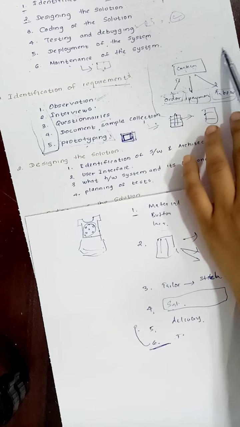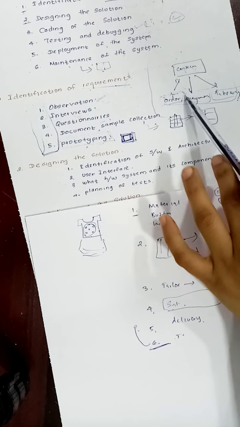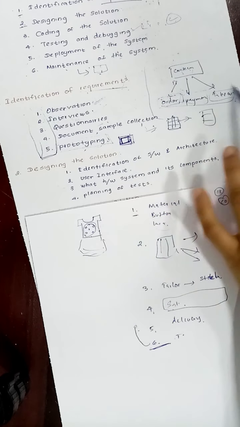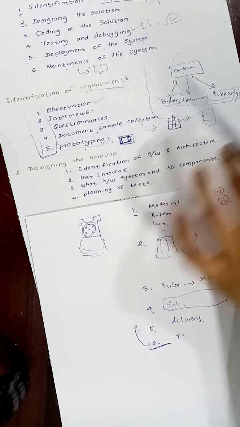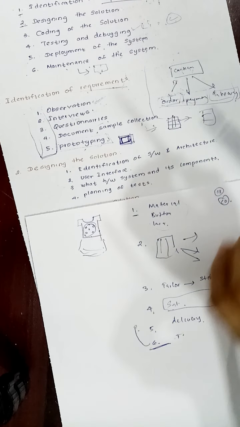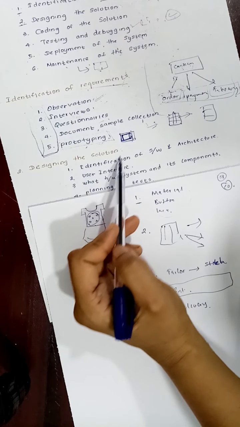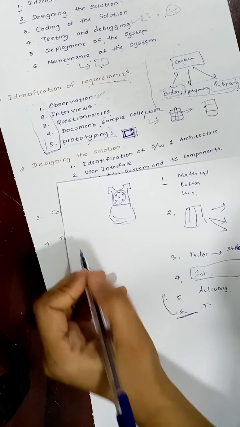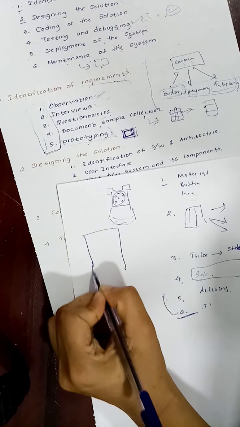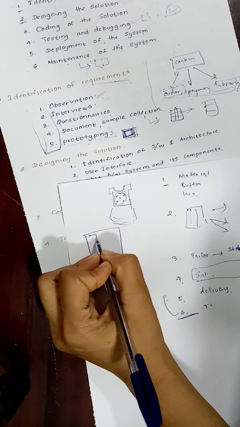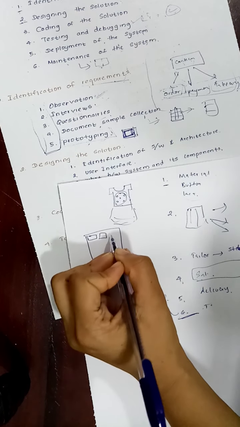That means the canteen wants order, payment, takeaway options, the canteen management needed. Now we are going to design the solution. If you take WhatsApp, the WhatsApp front page has chats, status, calls, like that.